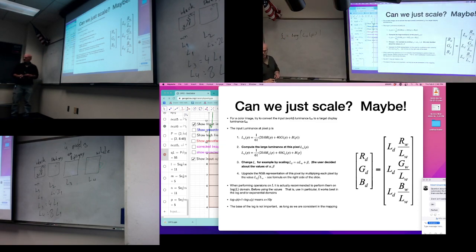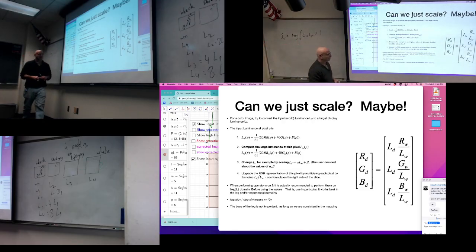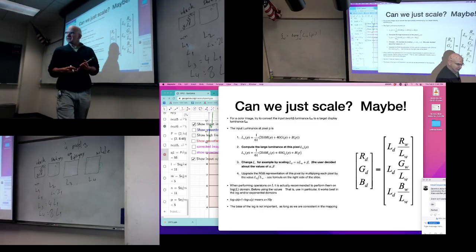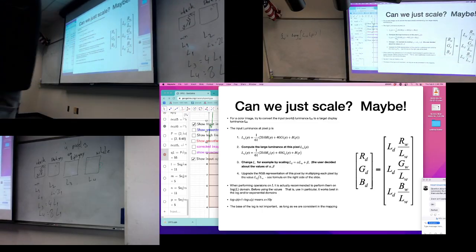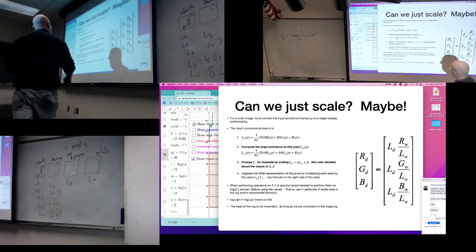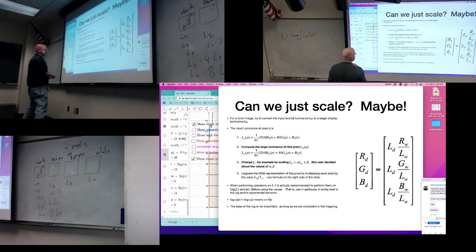What is the base of the log? You don't care. Pick 10, nothing wrong with it, or pick 2, or pick e. It's all fine, just remember what you're picking. And then I do various manipulations on it.